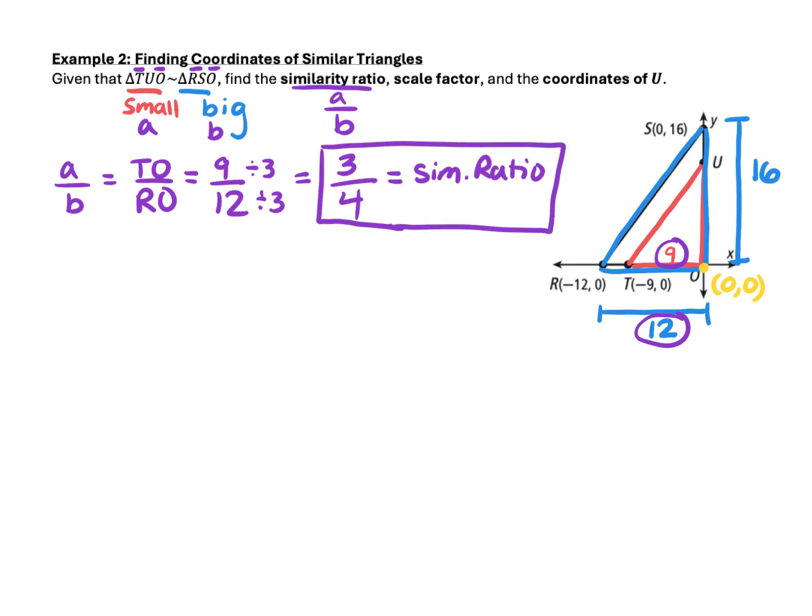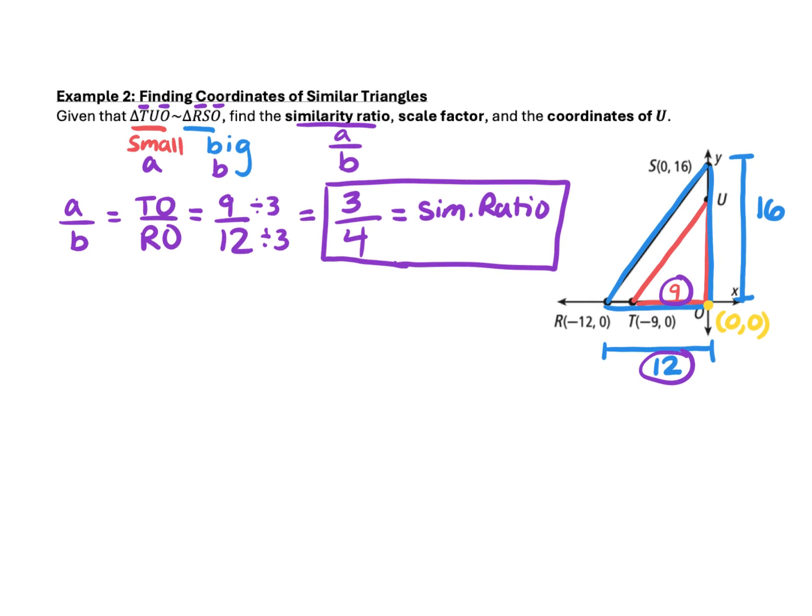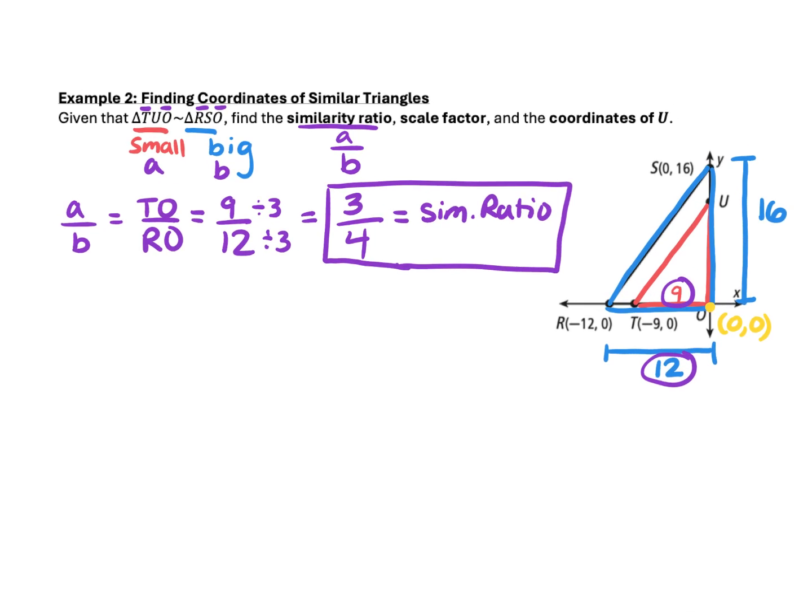Now to find the scale factor, it's pretty quick because the scale factor is just the multiplier. So how do you get from here to here? It's like, what do I multiply the TUO number by to get to the RSO? Well, if I multiply 9 by 3 over 4, 9 is going to get smaller.